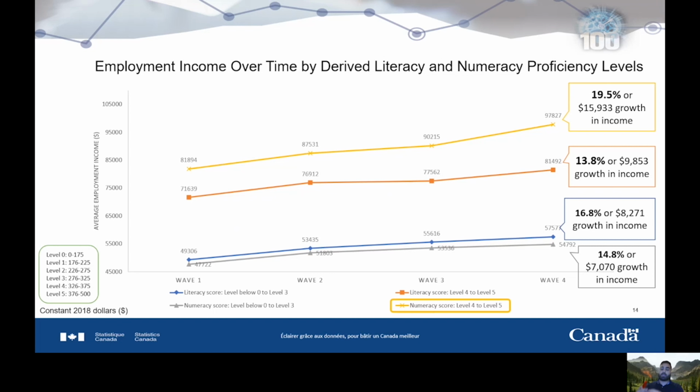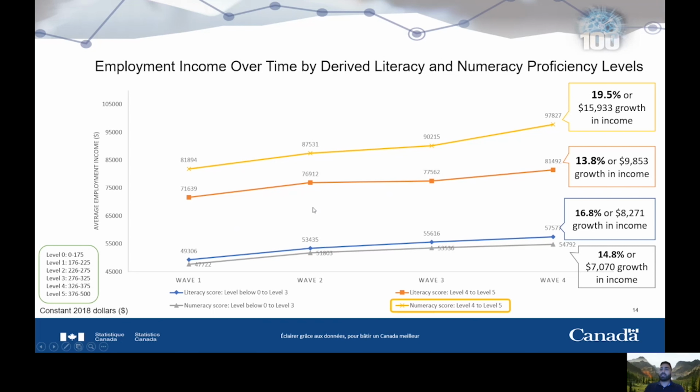Those who scored high in the numeracy test not only earned more throughout all 4 waves, but also had the largest gain in income with 19.5%. You can clearly see the difference in income between the high and low to moderate scoring individuals. There's a big gap there, and it maintains that gap throughout the remaining waves.